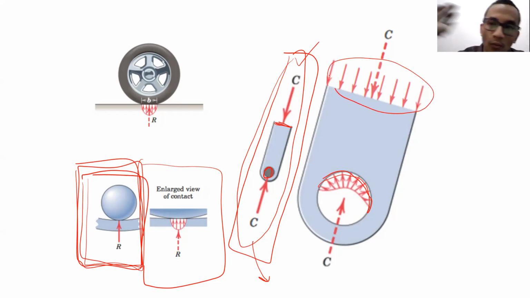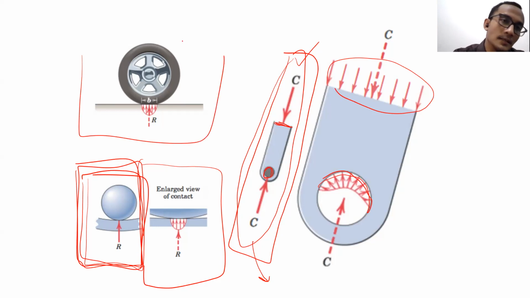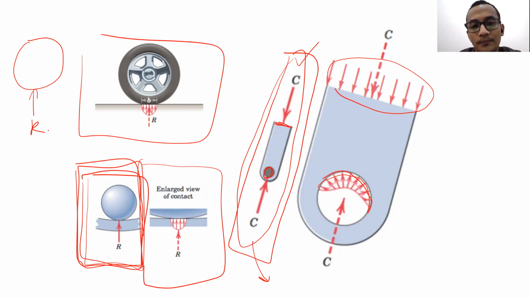The same goes for a wheel, which we discussed in some of the equilibrium cases. In the simplified version, we normally draw it like this, but in reality, it's distributed at a certain area.